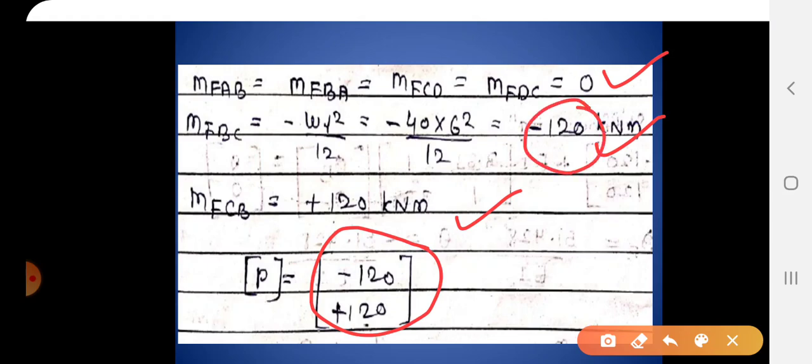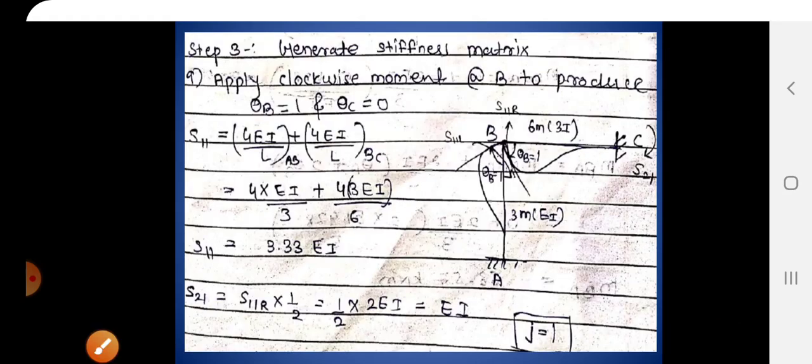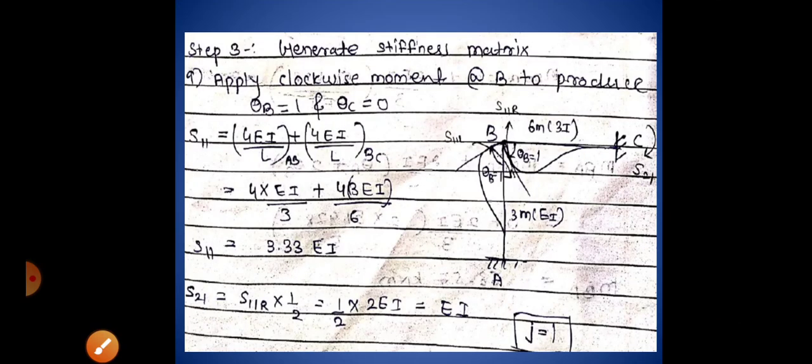So we have to find out first the fixed end moments. As there is no loading on column AB and CD, fixed end moments will be 0. Then MFBC due to UDL is minus WL square by 12, MFCB again due to UDL clockwise is plus WL square by 12. Therefore the P matrix we have derived: MFBC, that is moment at B and moment at C, P1, P2, minus 120, plus 120.